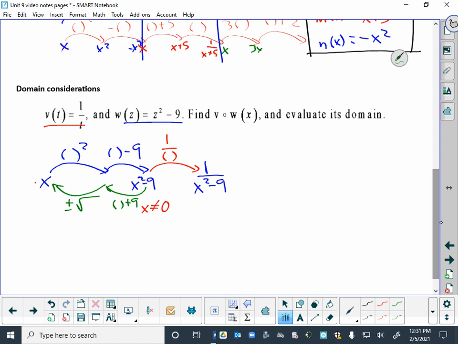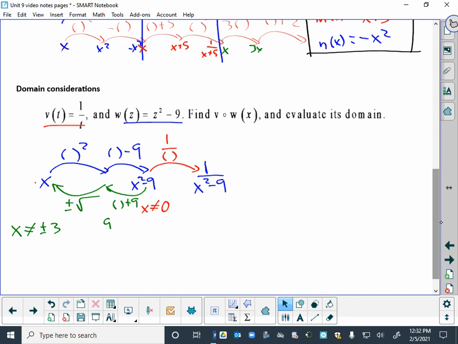But if I applied that to the 0 that I'm not supposed to be able to get out of there, then 0 plus 9 gives me a 9 there, and plus or minus the square root of 9 is plus or minus 3. So for this composition of functions, I can't use an x of 3 or negative 3, because starting with those numbers would end up giving me a 0 right before I had to do the reciprocal function, and I'm not allowed to use a 0 in the reciprocal function.